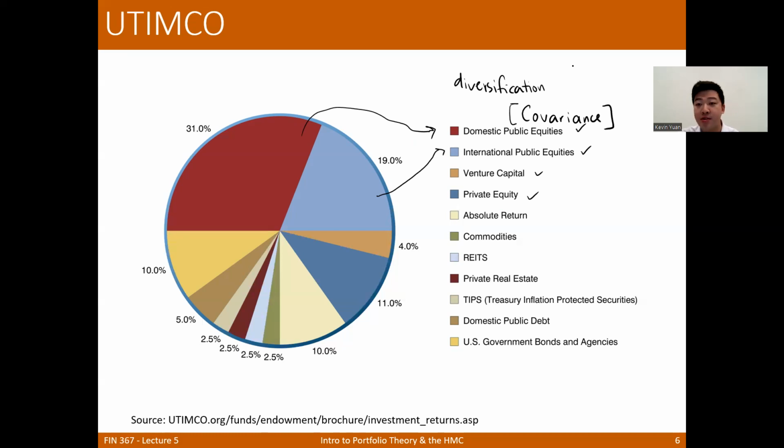And just to remind ourselves what covariance is, well, covariance is essentially the co-movement between two assets. So if the covariance between A and B is positive, that means they move together, right? And if the covariance of A and B is negative, then they move in opposite directions.